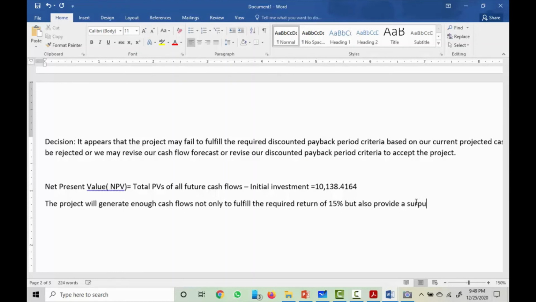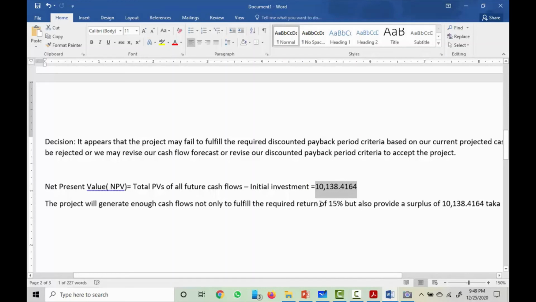The project will generate enough cash flows not only to fulfill the required return of 15%, but also provide a surplus of 10,138.4164 taka. So that means the project will give us not only 15% return per year, but will also provide a surplus of these 10,138 taka.